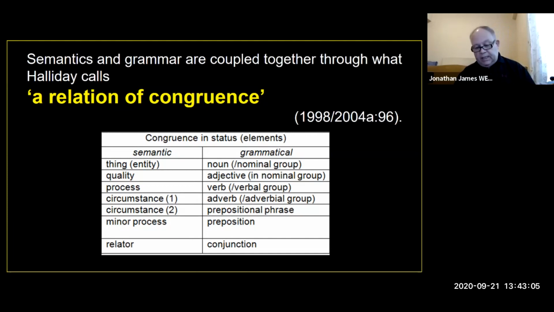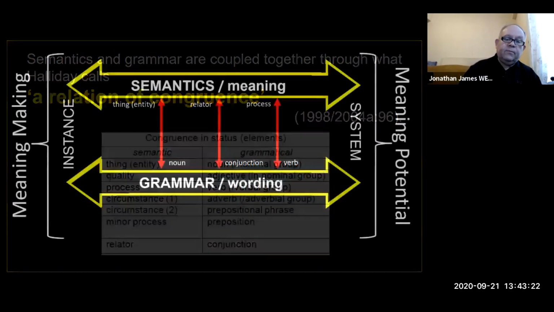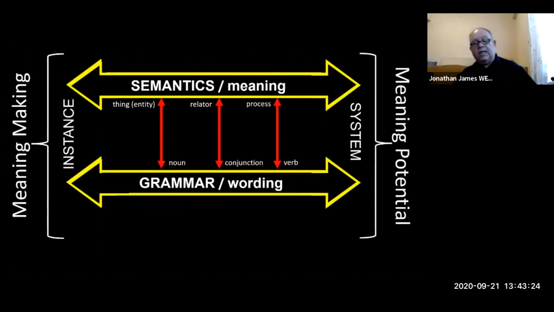So what is congruent? It's sort of the straightforward. It's sort of the default. It's the direct, all right? So things are nouns, processes are verbs, and so on. That's how we see the world. That's how we construe the world. So let's draw a figure to map this out.